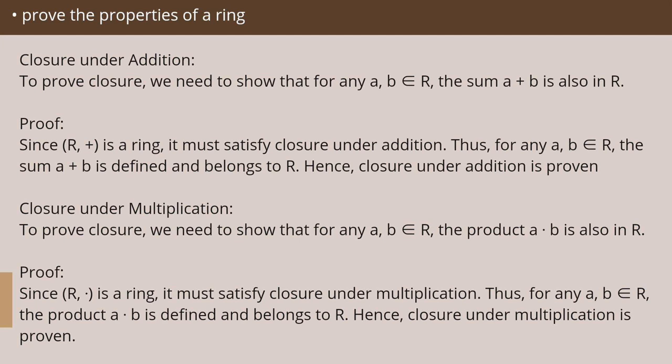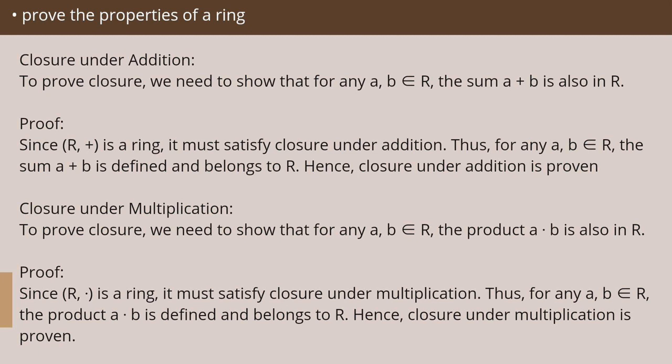Proof: since the pair (R, +) is a ring, it must satisfy the closure under addition. Thus, for any a, b belonging to R, the sum a plus b is defined and belongs to R. Hence, closure under addition is proven.